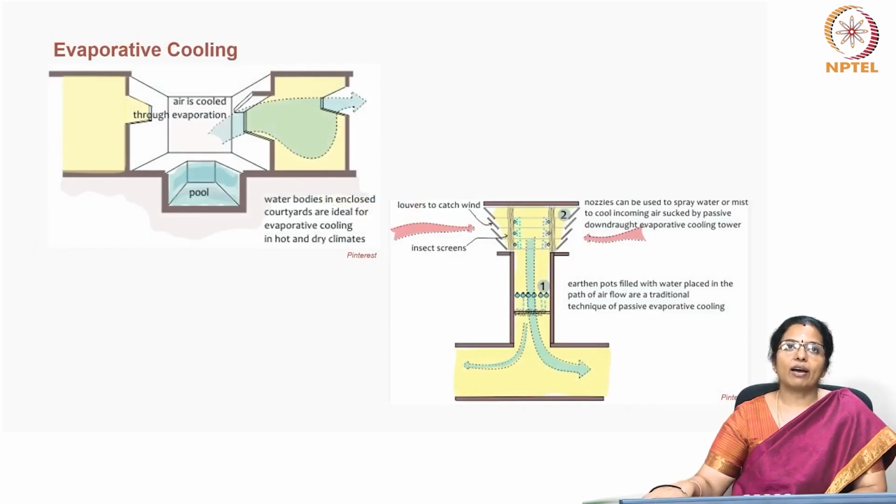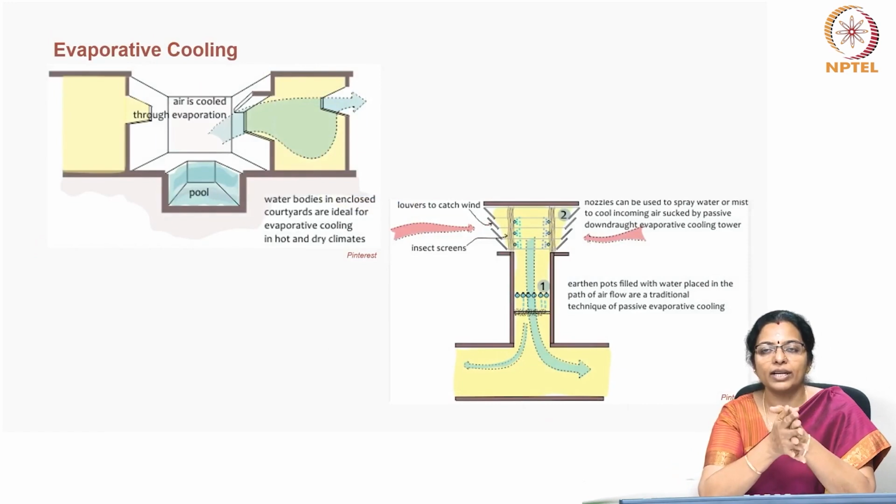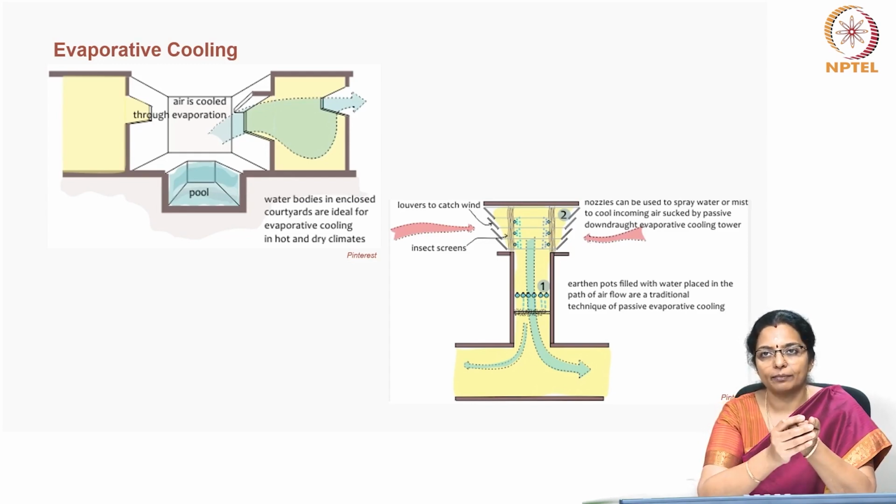Then we have the evaporative cooling. Now, direct evaporative cooling relies on water evaporation to extract heat from warm, dry air. This process causes the air temperature to decrease while increasing relative humidity.